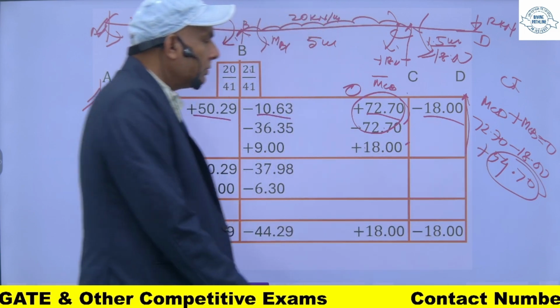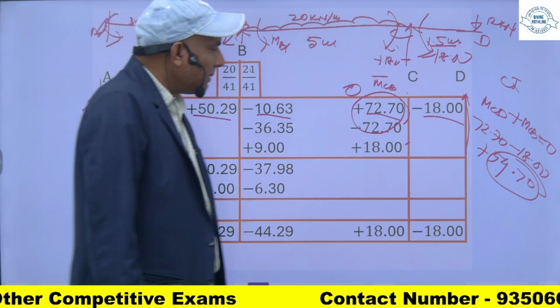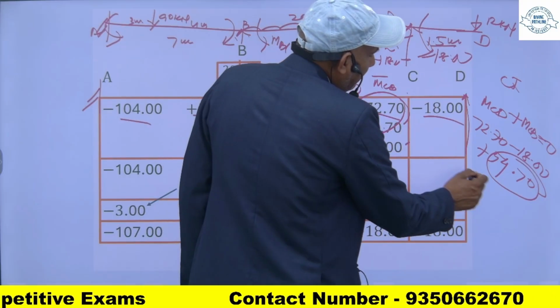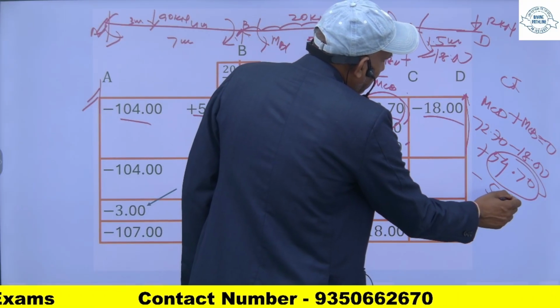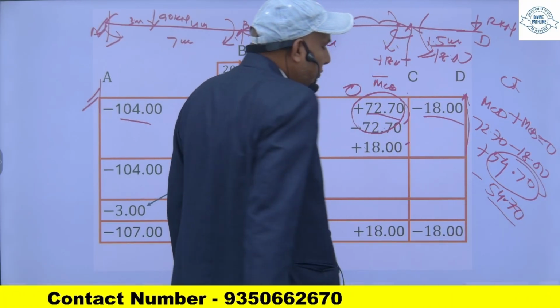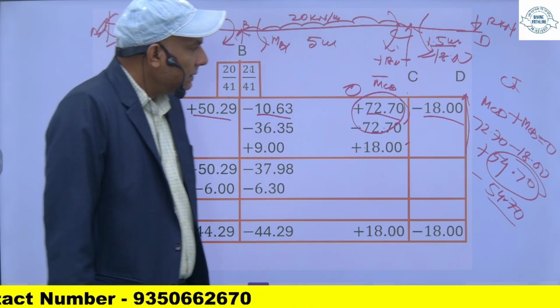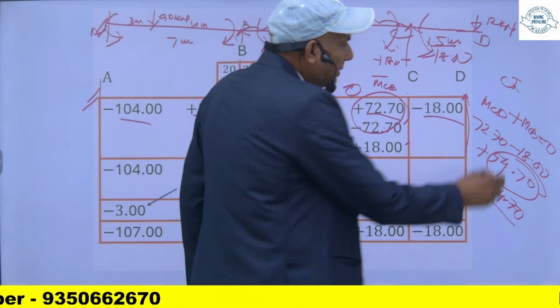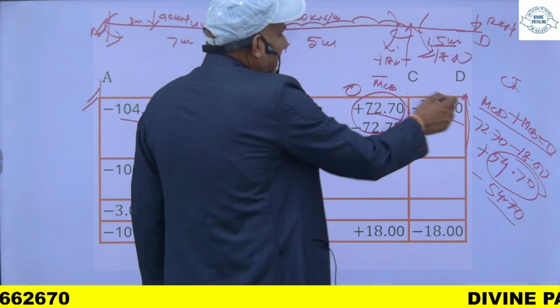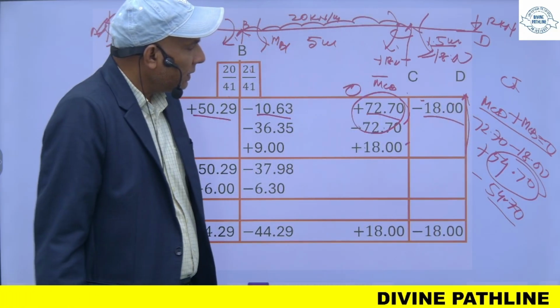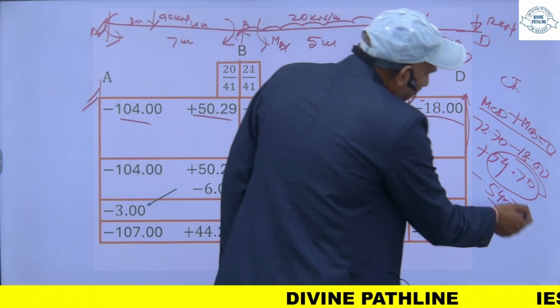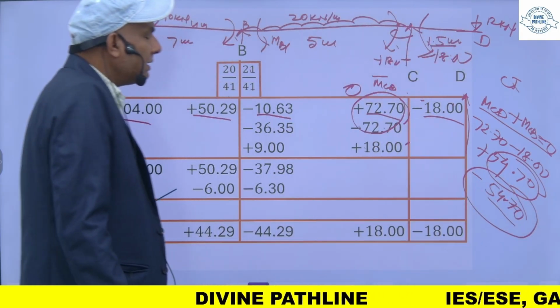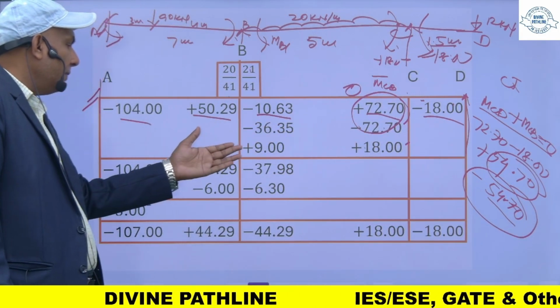So you will apply a correcting moment of minus 54.70, so that for equilibrium the sum of MCD and MCB becomes 0. I will apply a moment of minus 54.70 at this point, and half of this will come here.